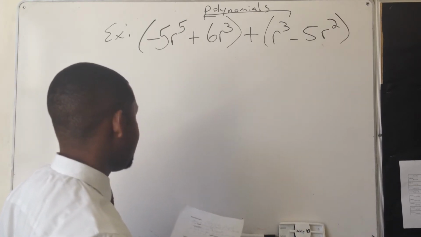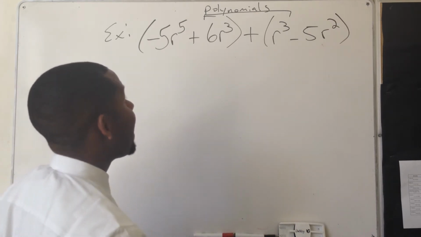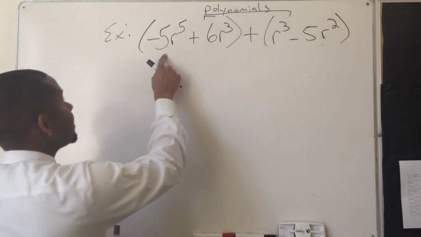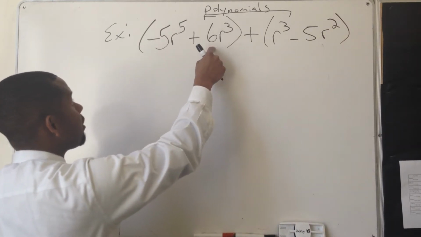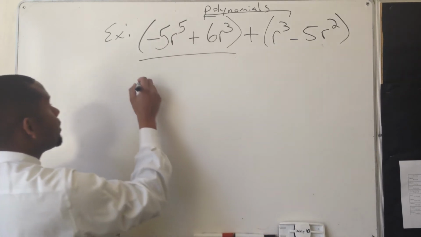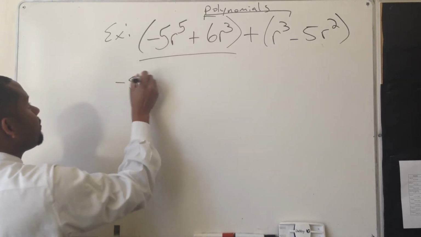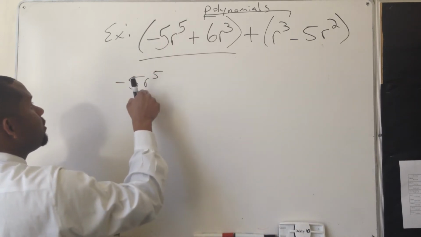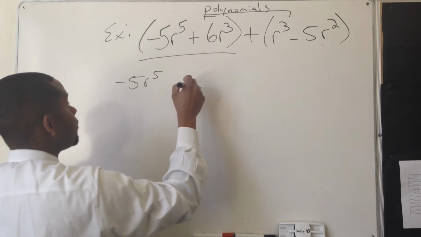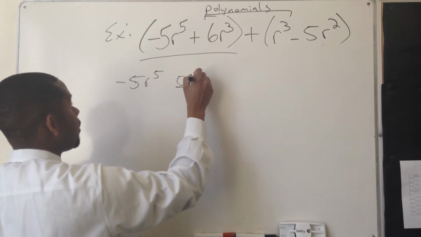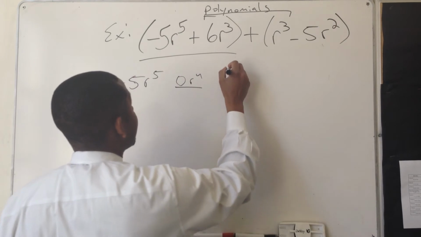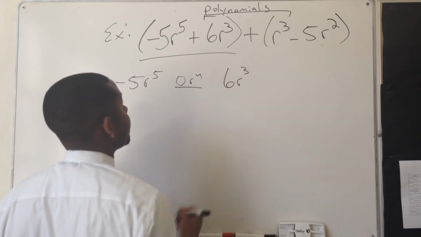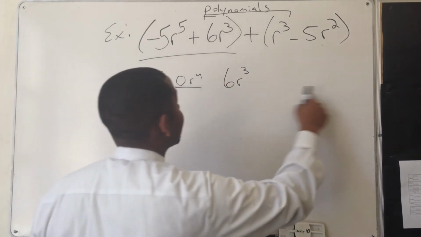Then it says, order them by exponents. I start with this first polynomial. This would be negative 5r to the 5th. We have no r's to the 4th, so we have 0r to the 4th. And we have 6r to the 3rd. See how that's happening?